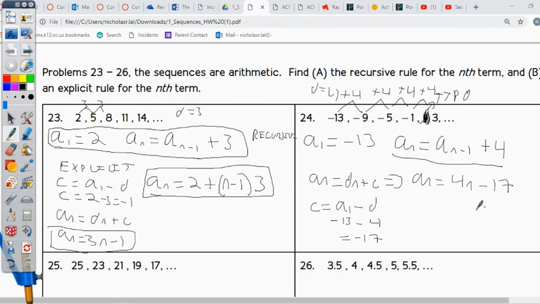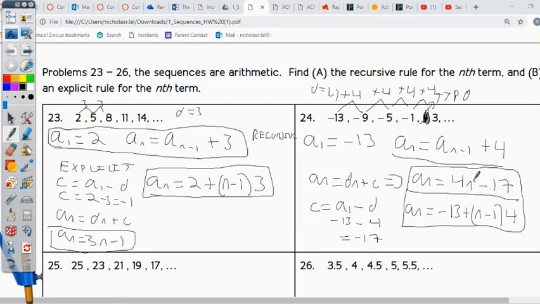An could also be equal to negative 13 plus n minus 1 times 4. Both of these are correct versions of the explicit form of an. I think the top explicit form looks the neatest, but the bottom one is the easiest to get when you just plug in your first term and your common difference.